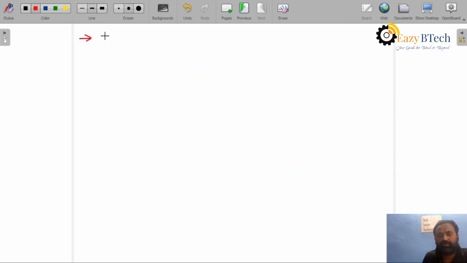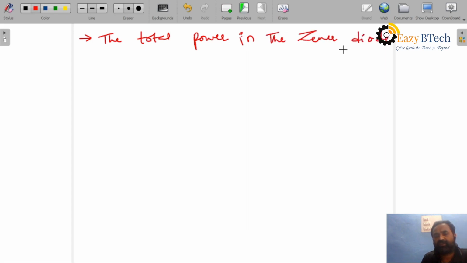Therefore, the total power in the Zener diode, we will write as Pz max. Pz max is equal to, we know that P is equal to V into I. That is the total maximum power is equal to Vz, voltage across the diode, into Iz max.